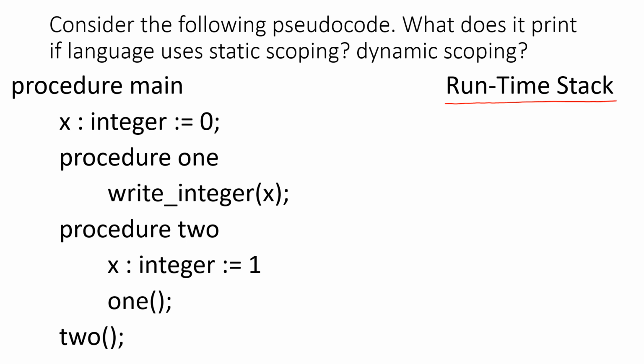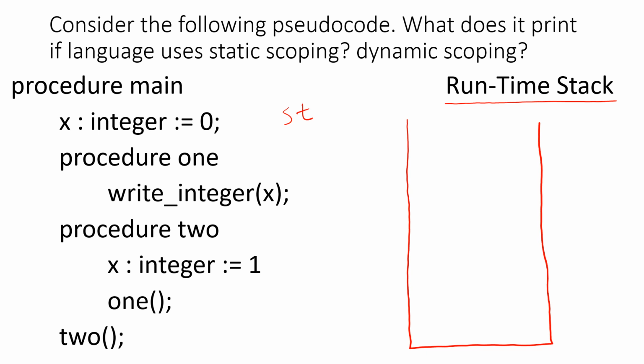If you have already seen my previous videos related with static chain and dynamic chain, you will realize what I am trying to do. On the left hand side, I'm going to show you the static chain, and on the right hand side I'm going to show you the dynamic chain. So let us execute this program.